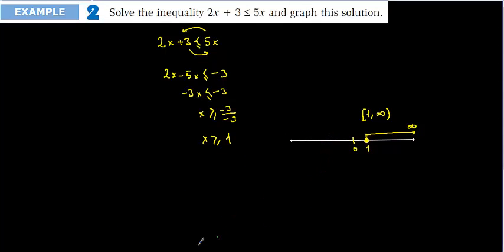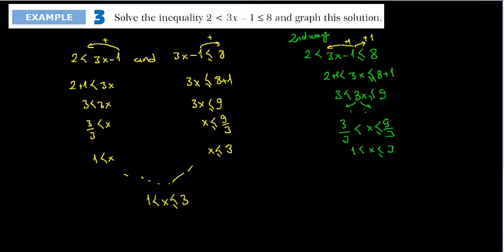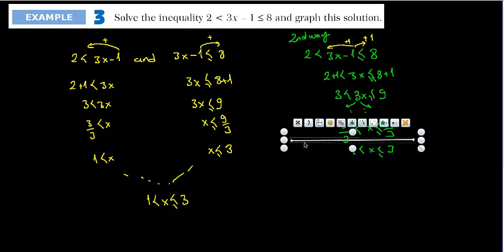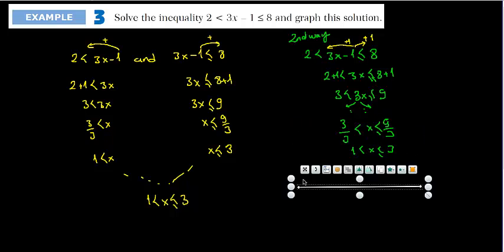Since the question asks for the interval, I show that by notation, and by using the graph solution. I'm going to draw the line here again, and if I show both of them on one graph, both of them are actually the same answer.